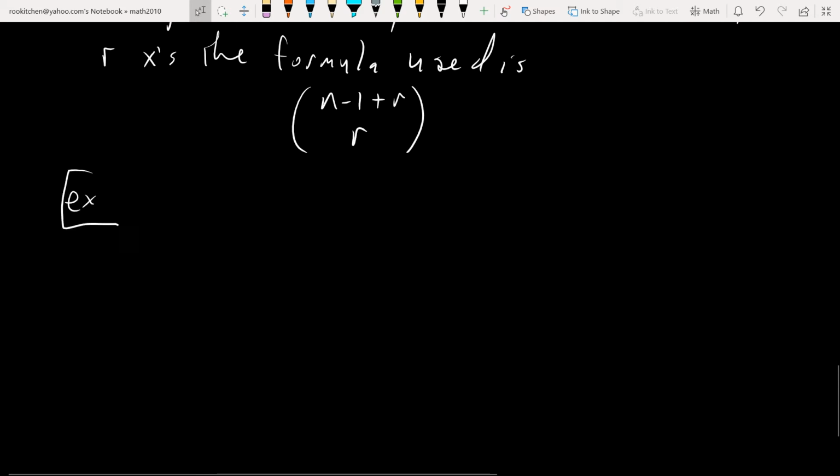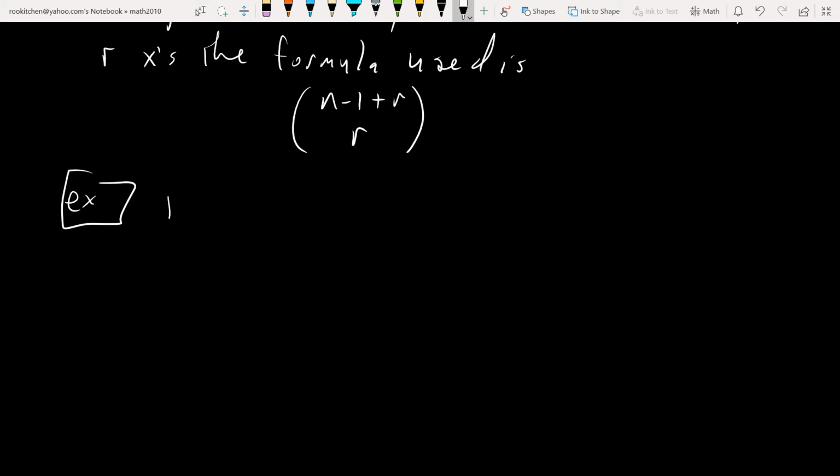Here's another example. A party wants to set out 15 drinks with only 5 types of drinks. Okay. So they're putting out 15 drinks, and there's 5 different kinds of drinks to choose from for each. So they're setting out 15, and behind the doors, they have 5 types of drinks to set out.